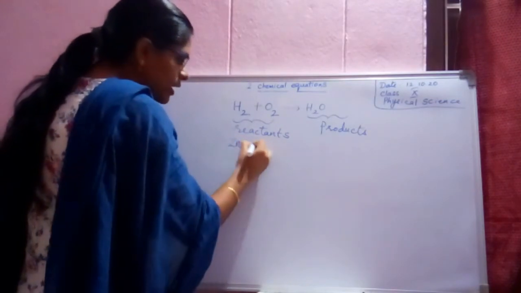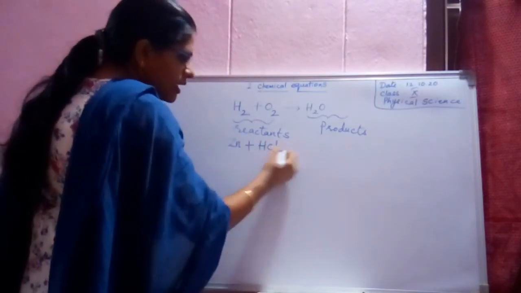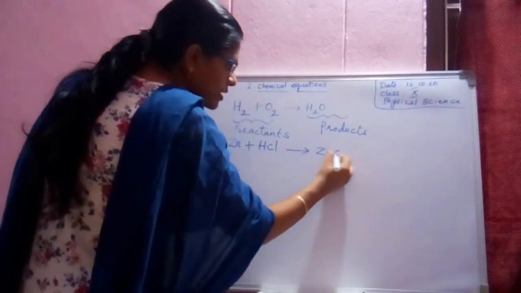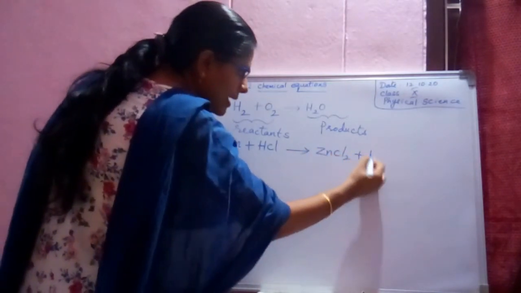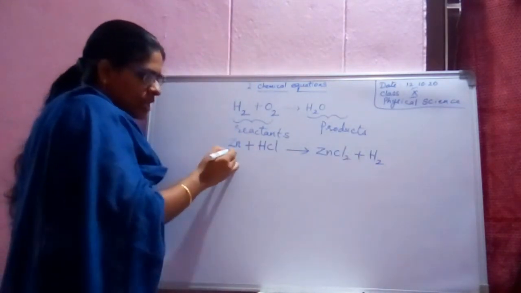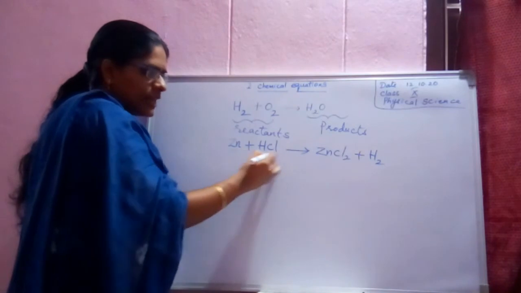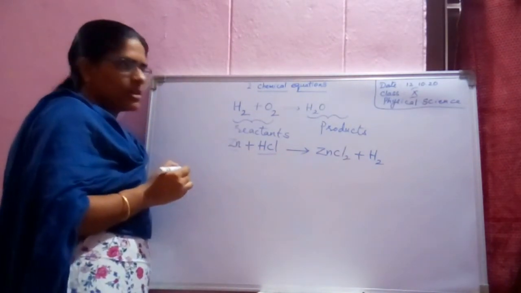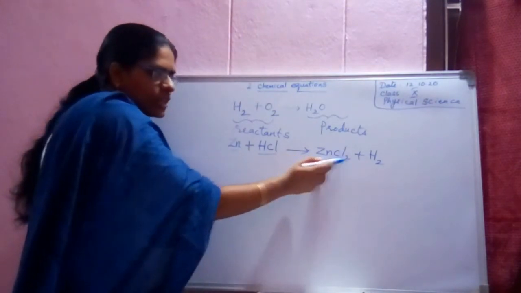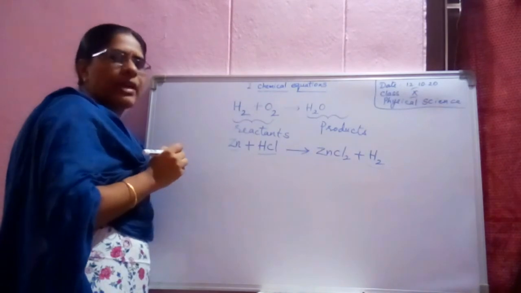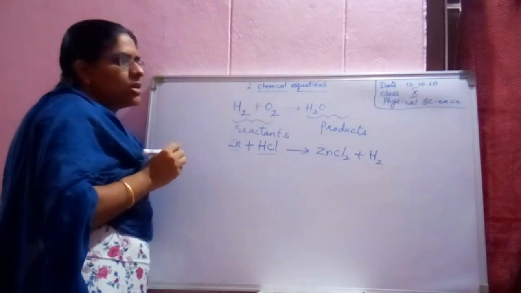Look here: Zn plus HCl gives ZnCl2 plus H2. In this reaction, Zn and HCl are called reactants. ZnCl2 plus H2 are called products.